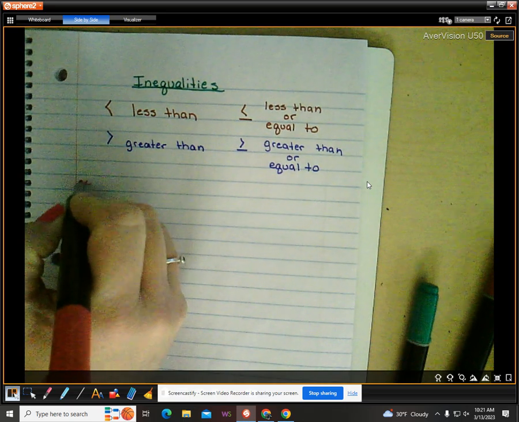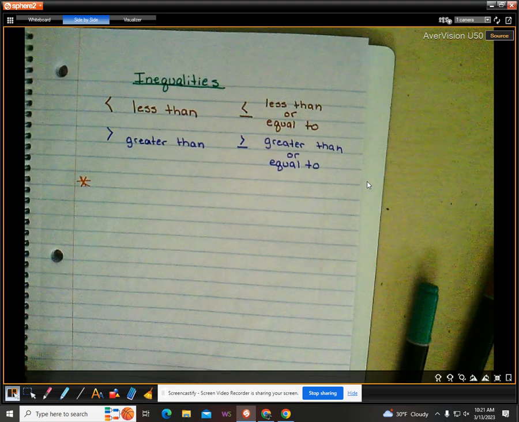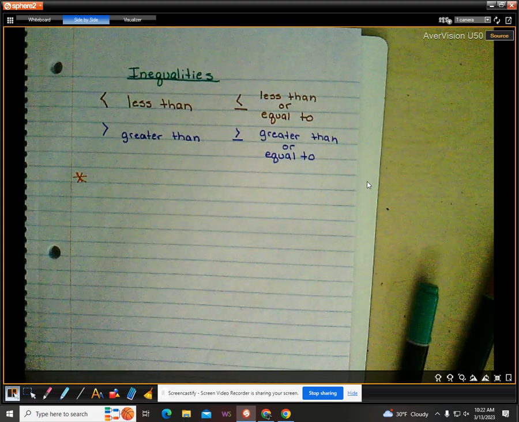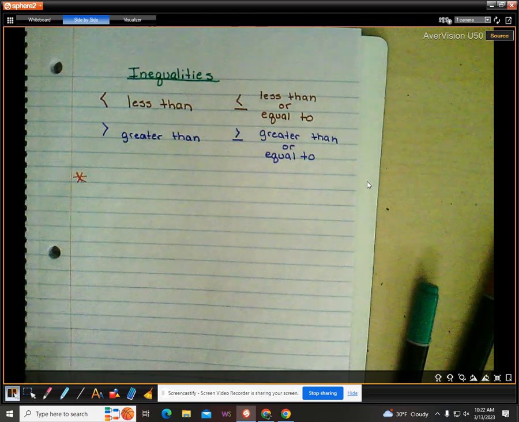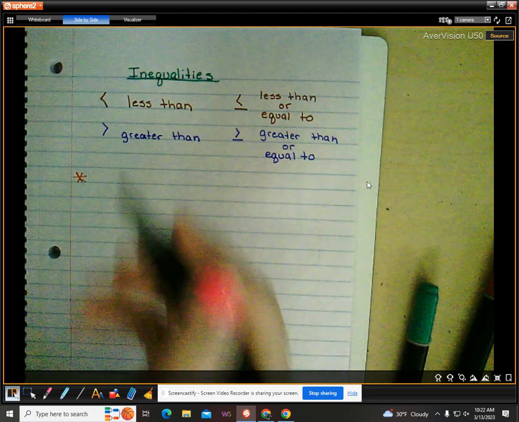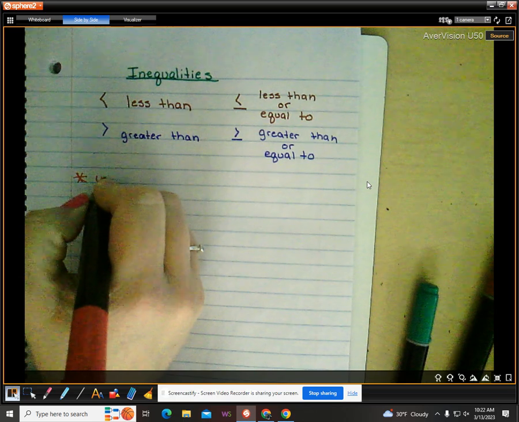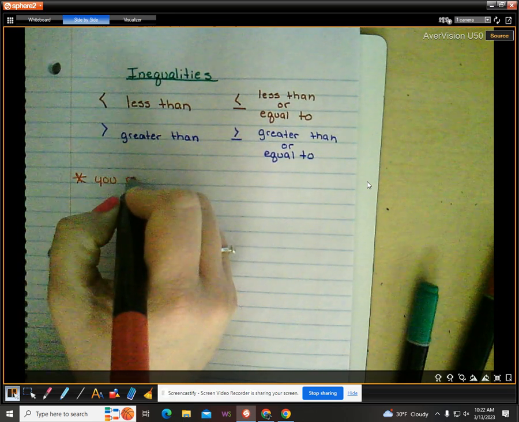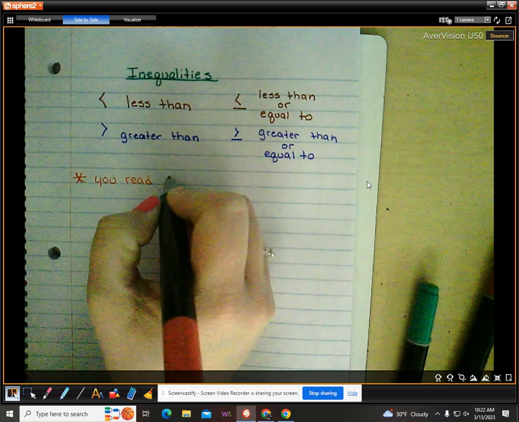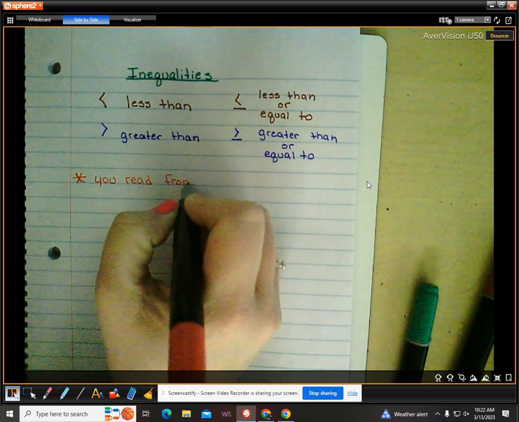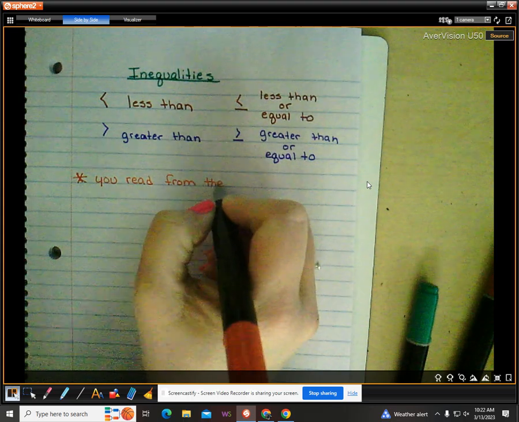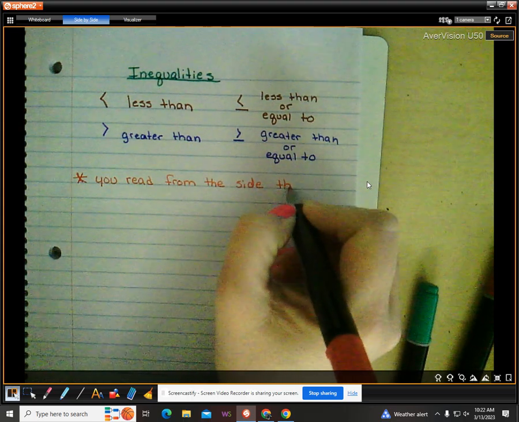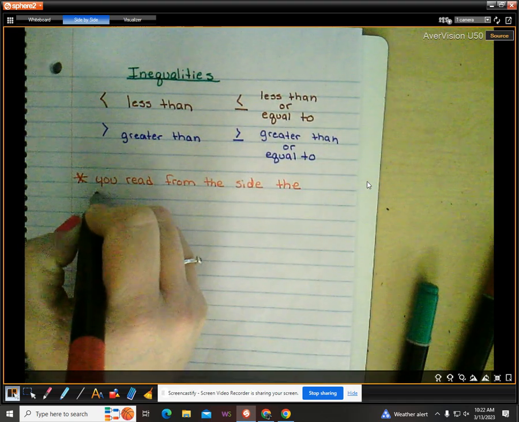So, one thing you have to pay attention to when you are reading inequalities is you read from the side that the variable is on. Again, this will make sense as we do examples. You read from the side the variable is on, and I'm going to give you some examples.